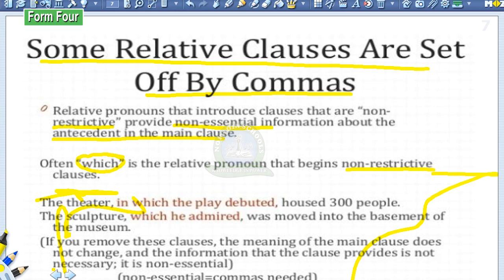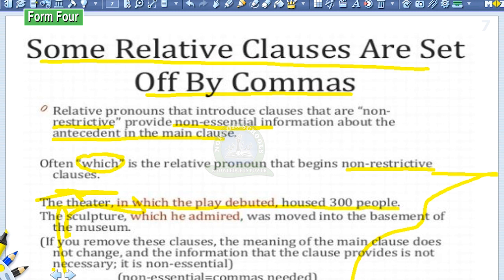Often, the theater in which the play debuted housed 300 people.